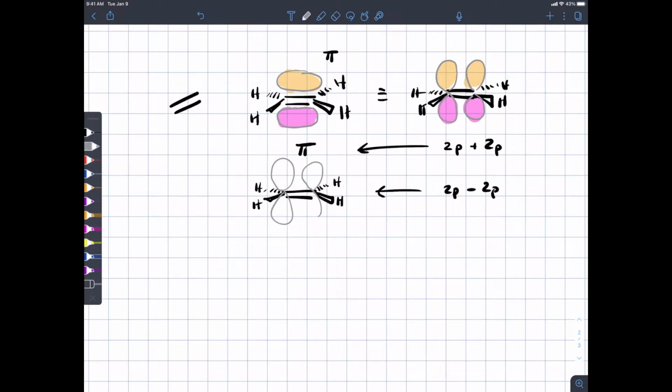That is what you get if, conceptually, you draw 2 p orbitals adjacent to each other, but they have opposite wave function sign. Opposite wave function sign means that in between the 2 nuclei there would be no electron density. This is an antibonding orbital, and we will call it the pi star. All right? Does that look vaguely familiar?